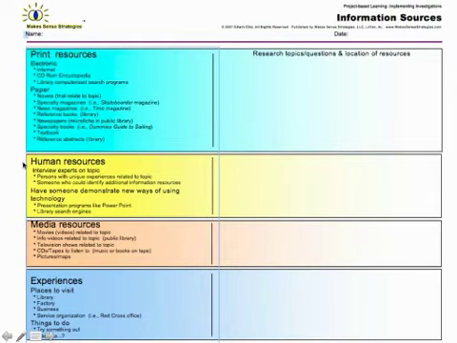But there are also human resources like people that they could interview that are experts on their topic, or having somebody demonstrate new ways of using technology, etc. There are various media resources like movies they could check out or television shows related to the topic, pictures and maps. And likewise, there might be some experiences as resources like places they should go visit or things to do. So the idea is they use this as cues to think about what are the topics and questions that they might ask and which resources they might use.